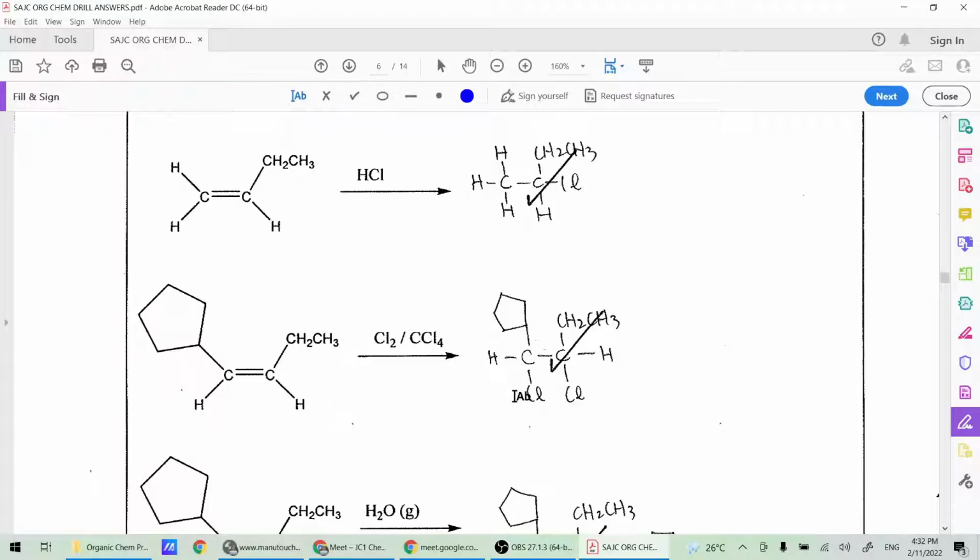Then the next one, again, check your answers. Addition of HCl, adding the Cl2.